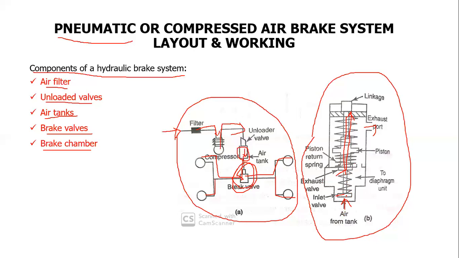Once the air pressure is fully exerted in this region, the excess air will release through the exhaust port. From this exhaust port, the pressurized air will get distributed to all the wheels of the automobile. So this is how the brake valve mechanism works.